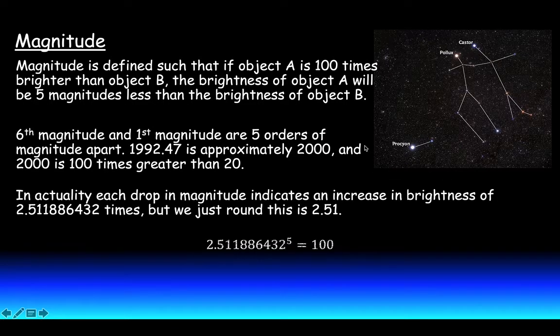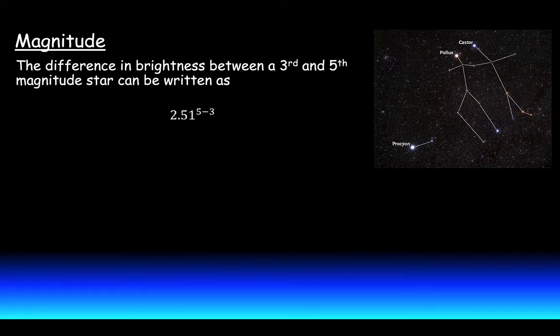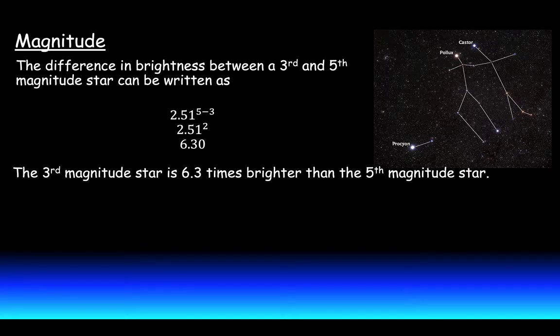So that's 2 jumps in magnitude. So I could write this as 2.51 times 2.51, or more formally 2.51 raised to the 5 minus 3. And so this would be 2.51 squared, or 6.3. So I could say the 3rd magnitude star is going to be 6.3 times brighter than the 5th magnitude star.